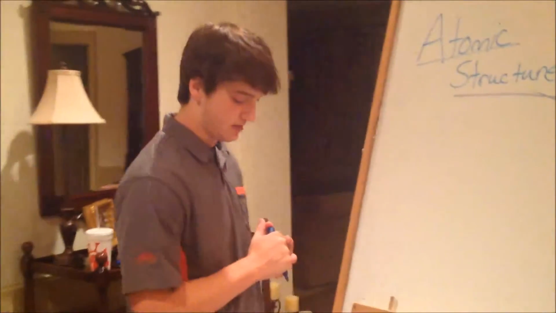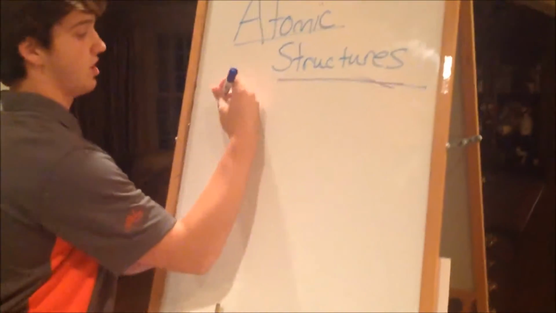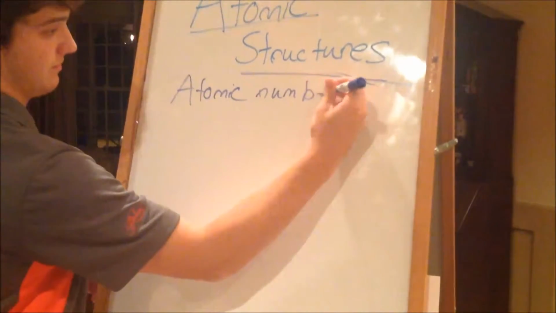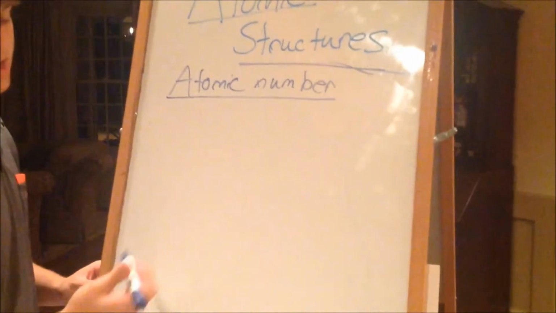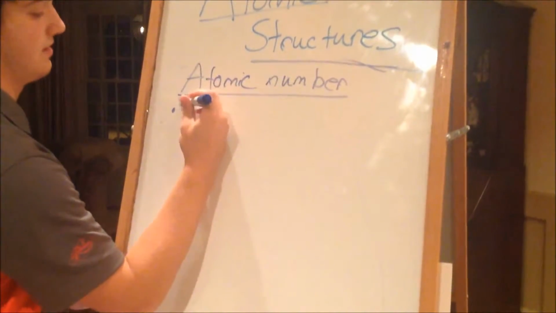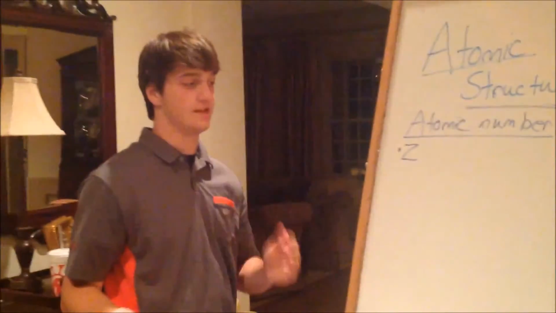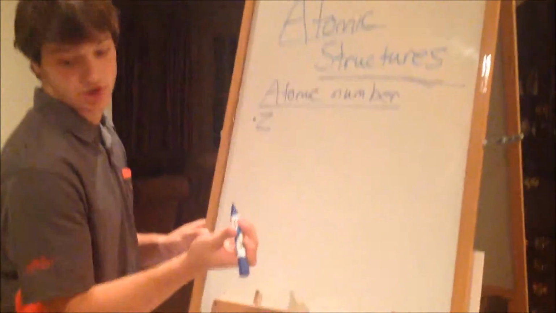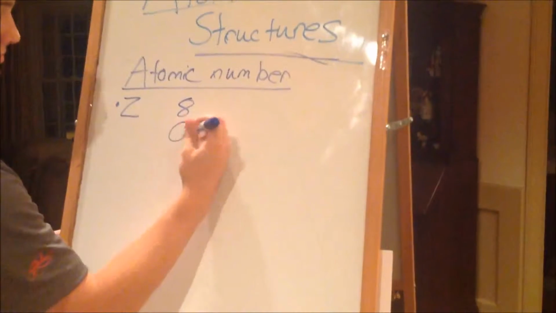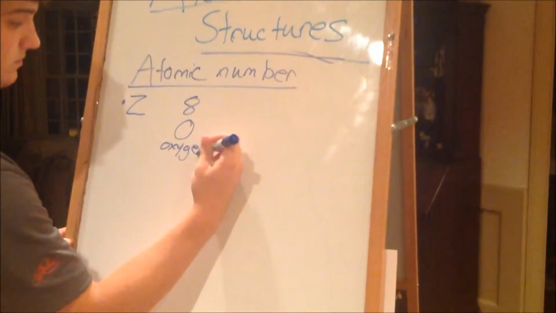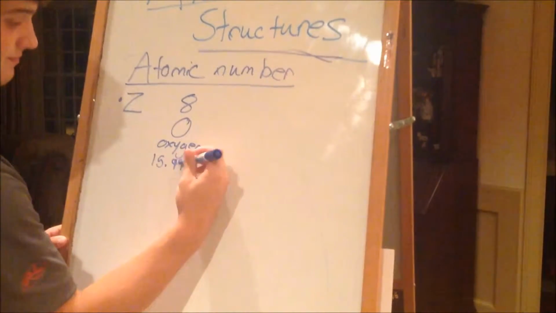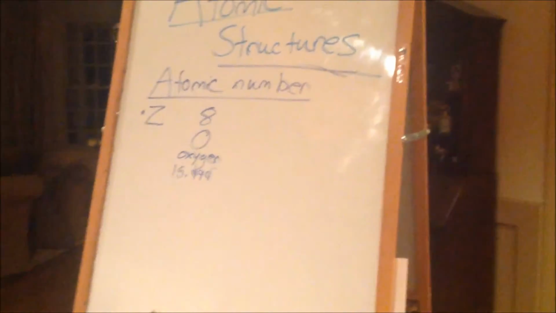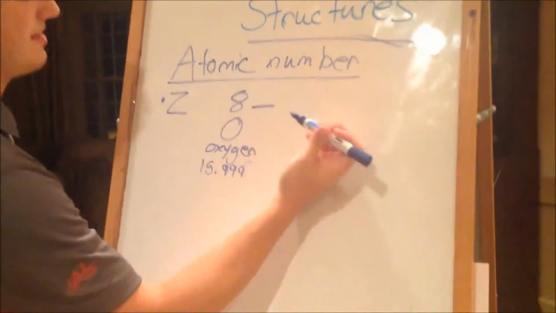It is specific for each atom and shown with the letter Z. So atomic number can be categorized with the letter Z. An example of where the atomic number is within an element on the periodic table, let's say oxygen: oxygen's atomic number would be the number 8.